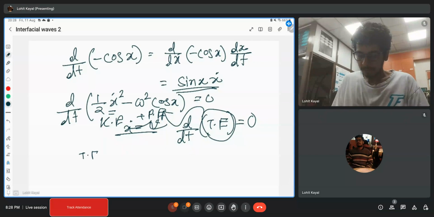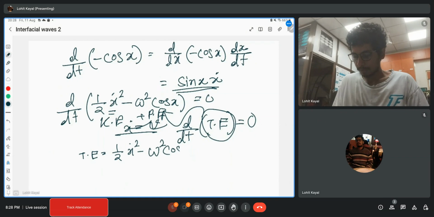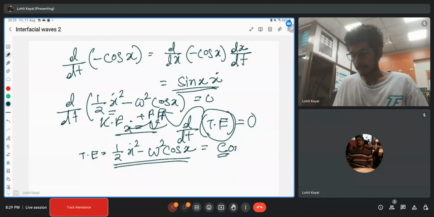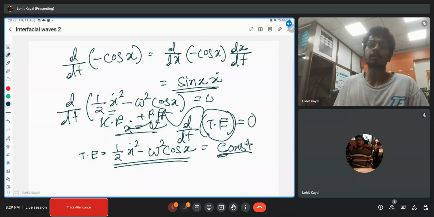So we can define our total energy as half of x dot square minus omega square cos x. This is equal to a constant, as we do not have any viscosity in our system, right?